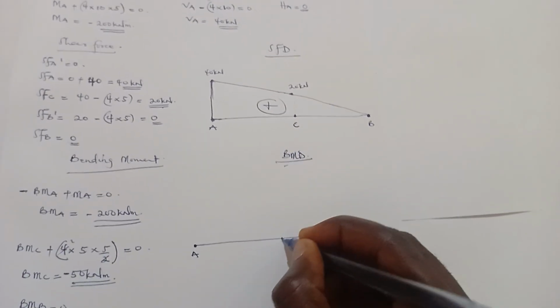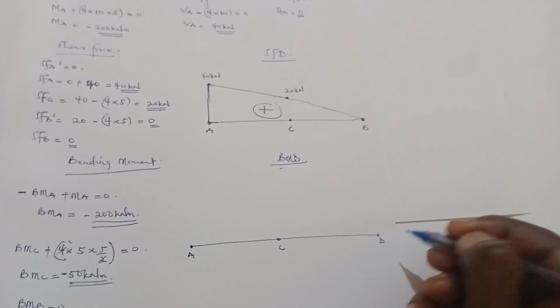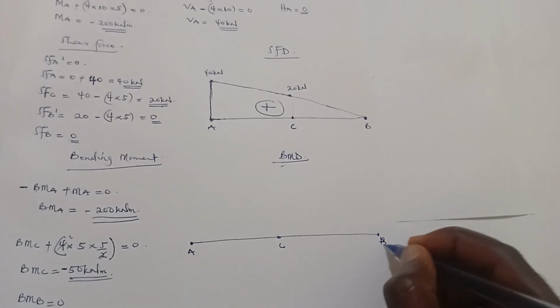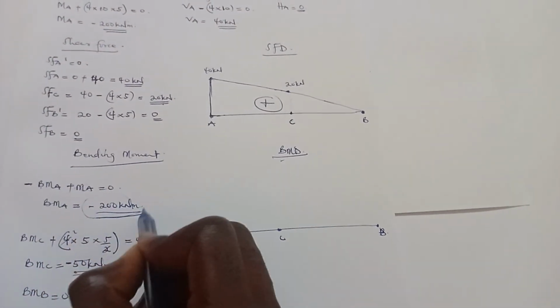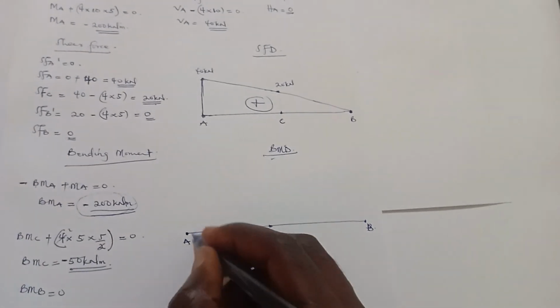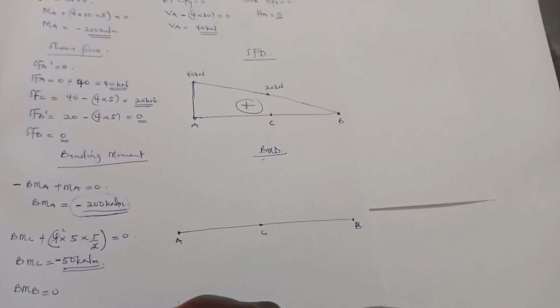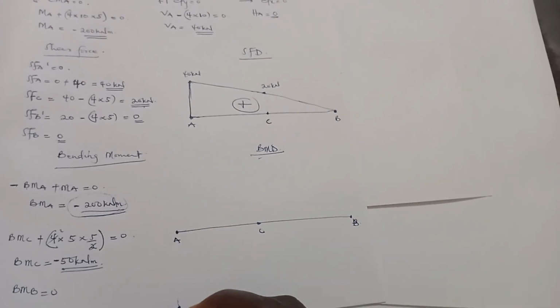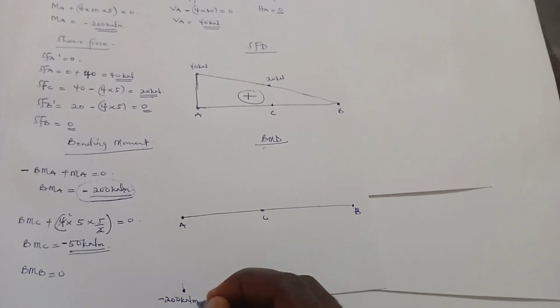The sides are A, C, and, sorry, B. Bending moment at A is negative 200, so negative 200 kilonewton meter is somewhere here.